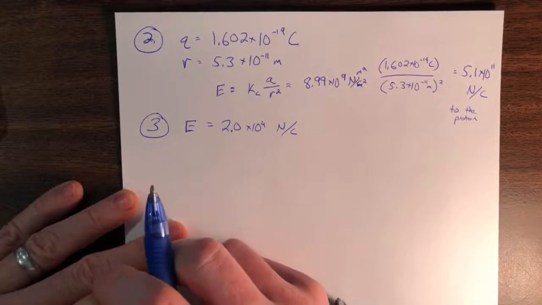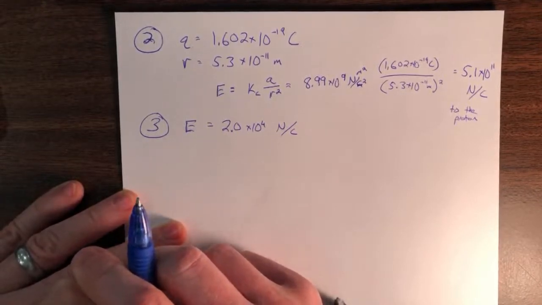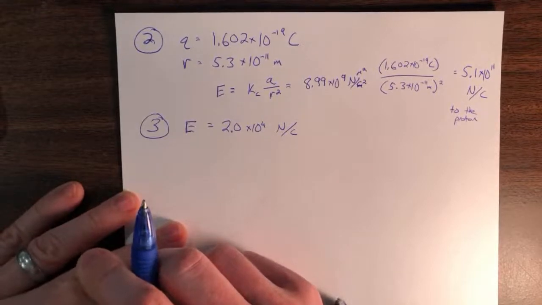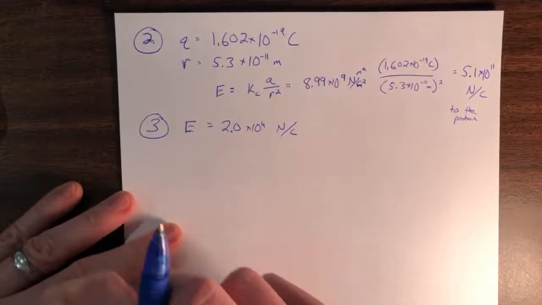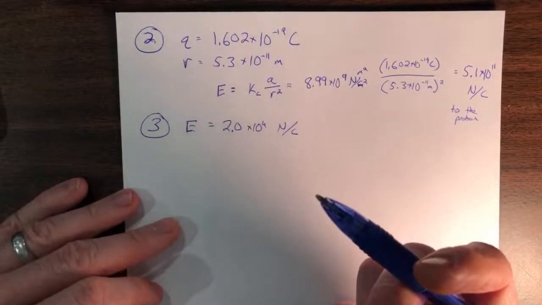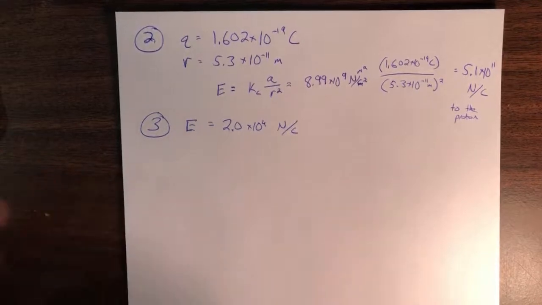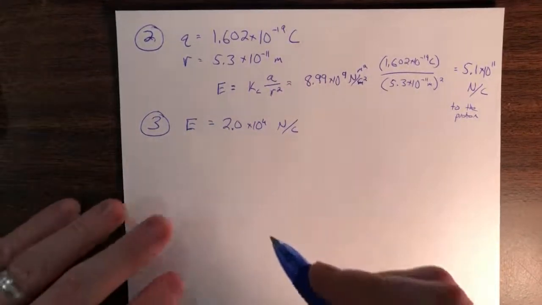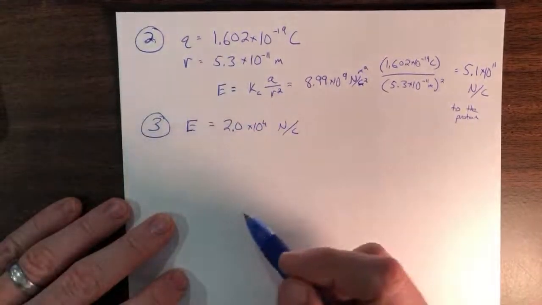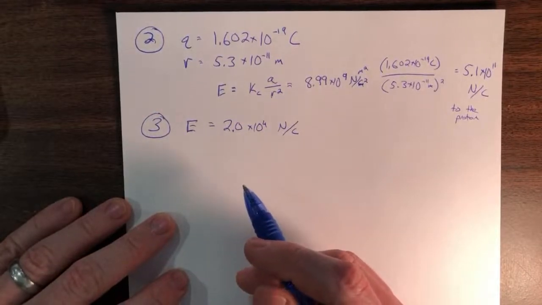All right, and what's the electric force on an electron in this field, and what's the electric force on a proton in this field? In this case, the number is going to be the same because they have the same exact charges, right? And so in order to calculate the force, we remember essentially the electric field and the electric force are very, very similar. The electric field is just the electric force divided by the charge.